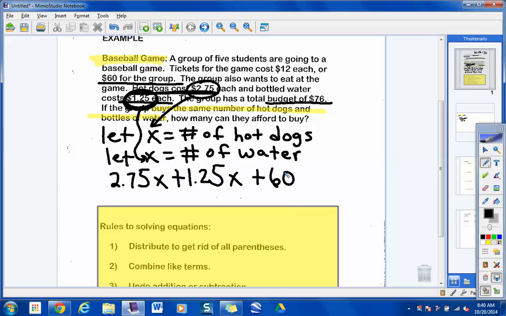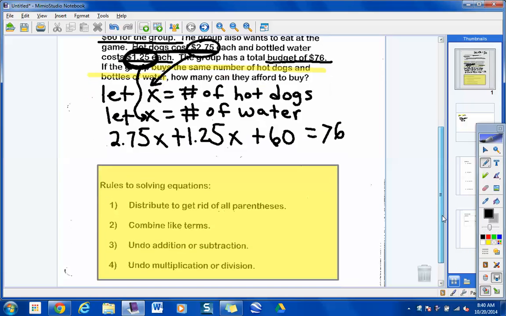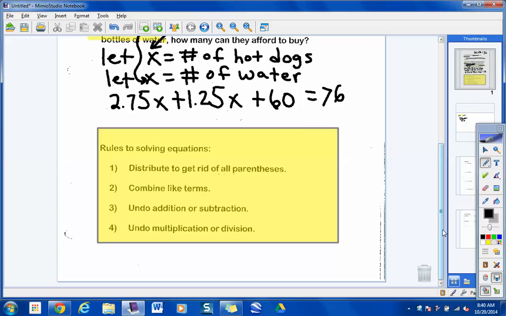So price of hot dogs plus price of water plus price of tickets equals a total budget of $76. That's the equation that would model what's going on here. Question is, how many hot dogs and bottles of water are you buying, same for each? Guys, does this look like more than a two-step equation? Yes. Okay. Down below, I told you to highlight stuff right here for rules of solving equations.